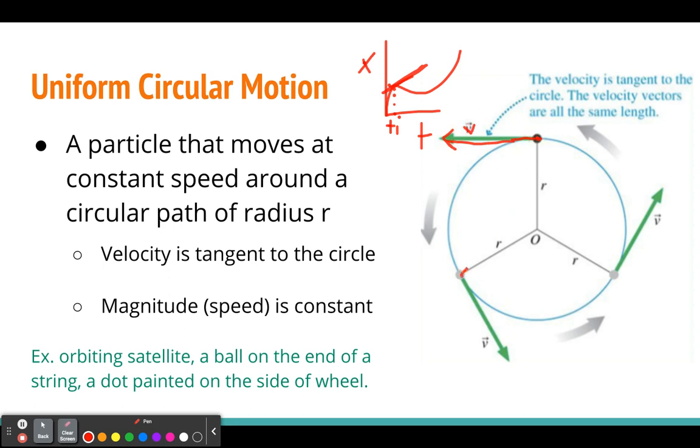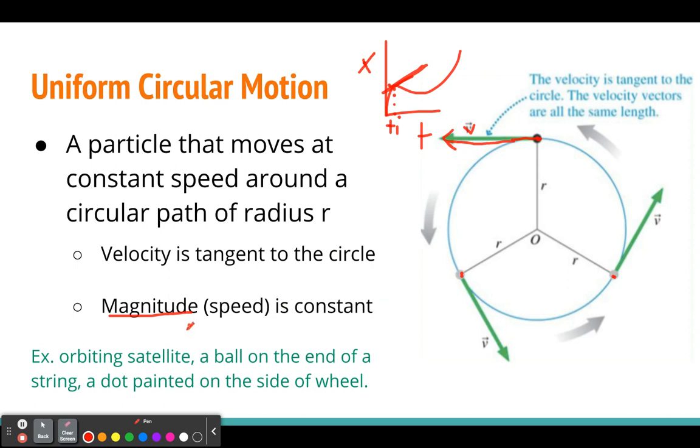Regardless of the location of the object around that circular path, that tangential velocity is constant. It remains the same, so the magnitude is constant. As you can see here, while the length of the vector remains constant, the direction in which that vector points varies.